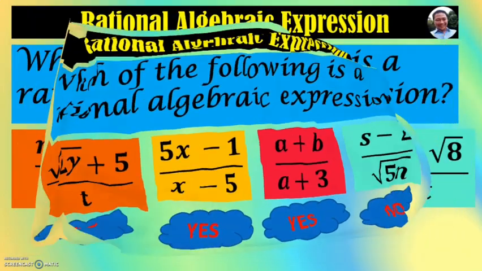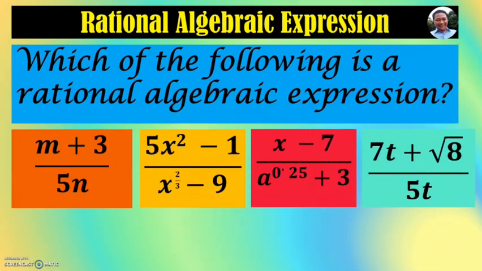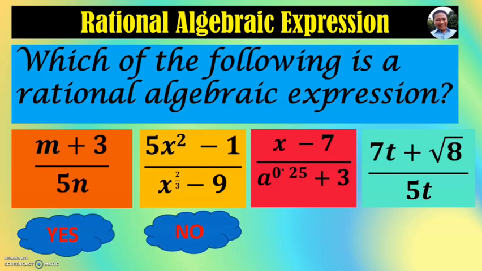Let's try another. M plus 3 over 5n. Is it a rational algebraic expression? Very good. Yes. Next, 5x squared minus 1 over x raised to 2/3 minus 9. Is it a rational algebraic expression? No. Very good. Why not?